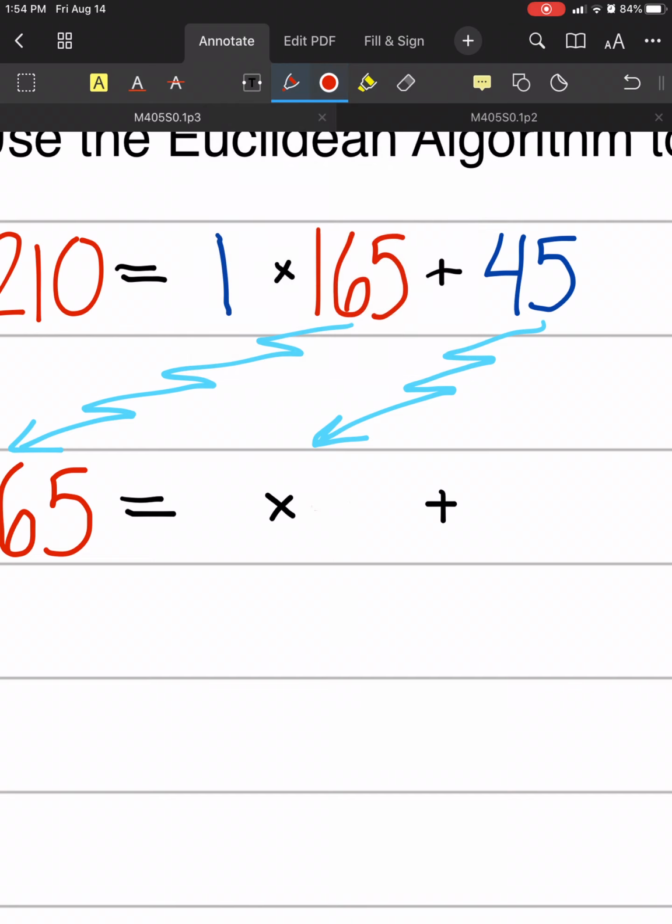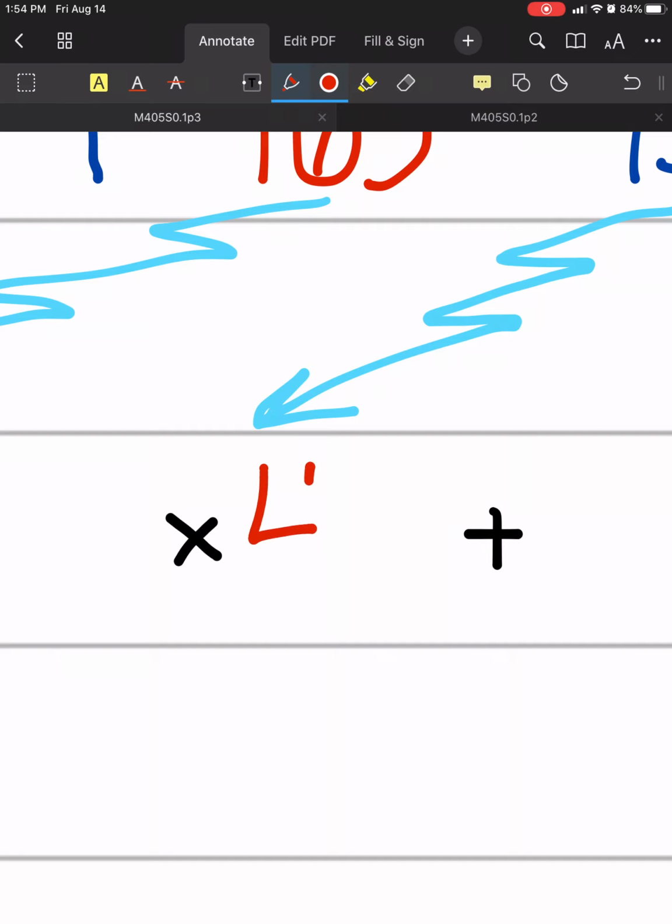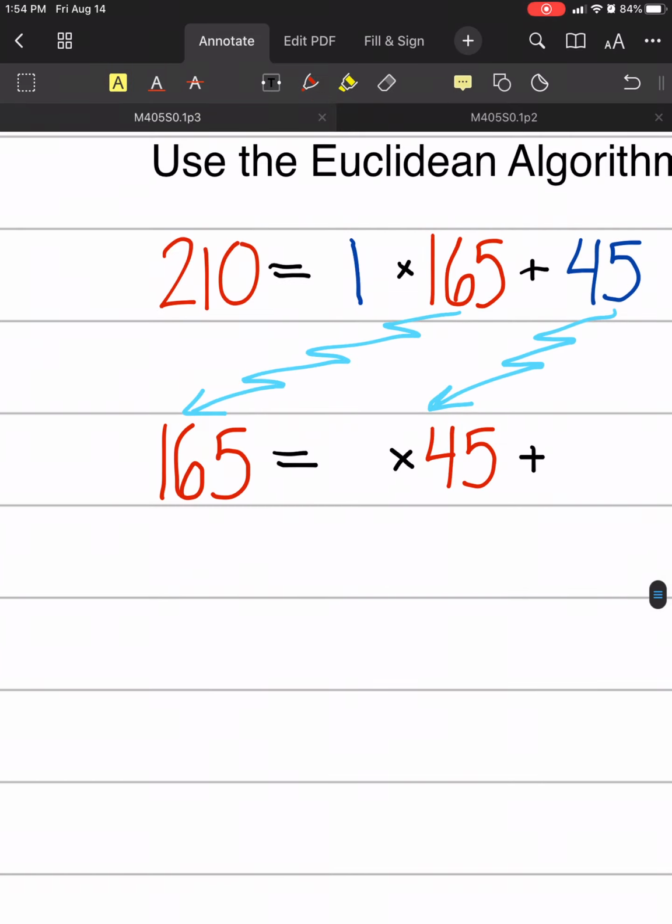Oops. 45 right here. And that is what we should have to start off the next step. So again, pause the video, figure out what you should get when you divide 165 by 45, and what you wind up with as your remainder.